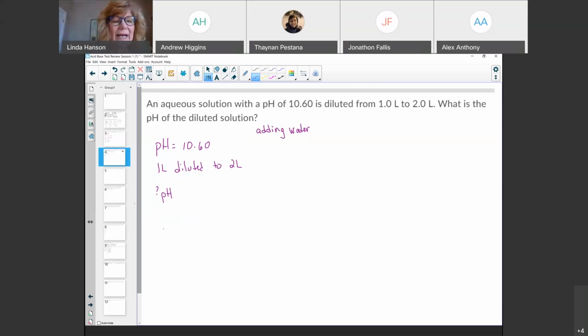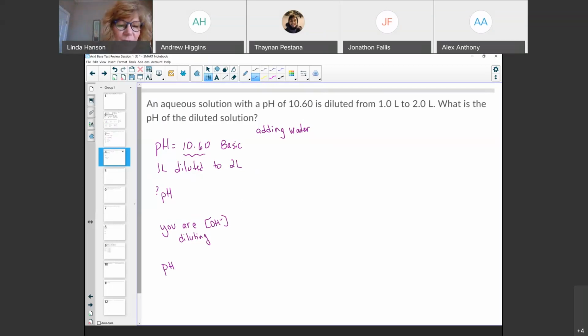Now, when I'm measuring the pH of the solution, and it is a basic solution, you are diluting the hydroxide concentration. So if the pH is 10.6, I really want to keep track of the pOH as I dilute the solution, because it's being tracked in terms of determining pH.